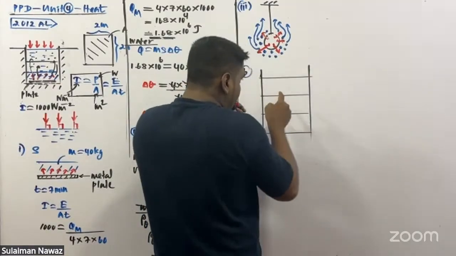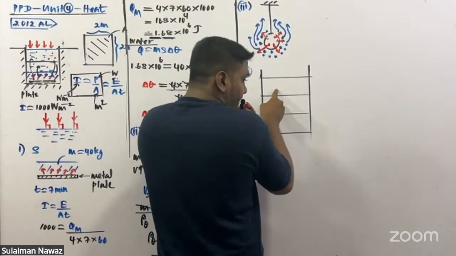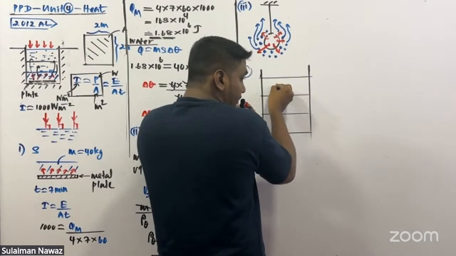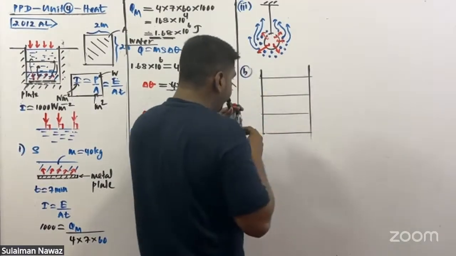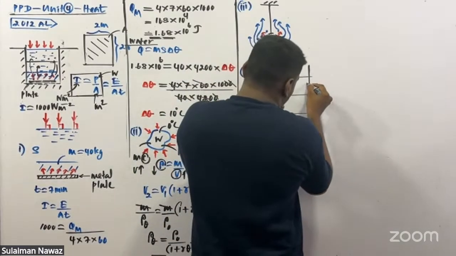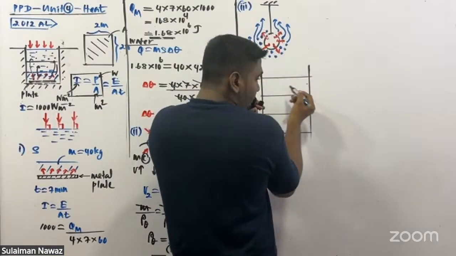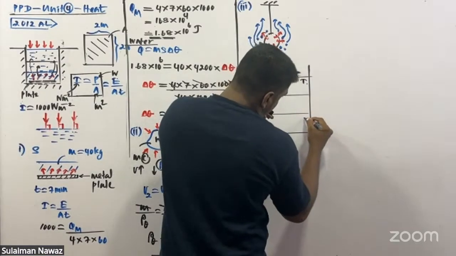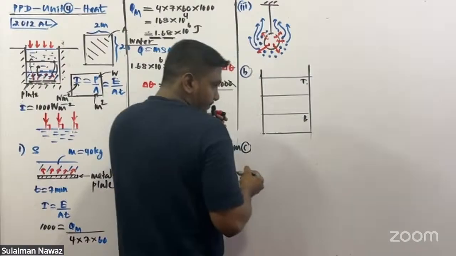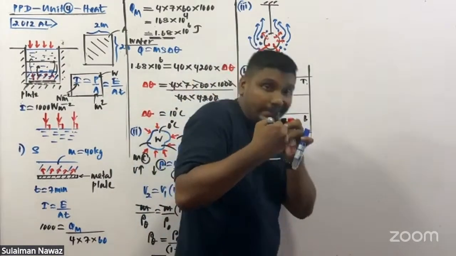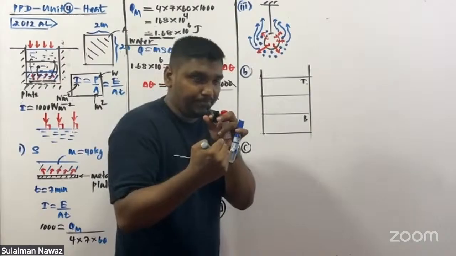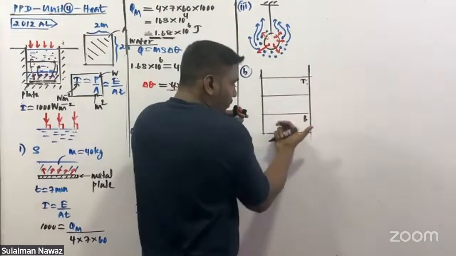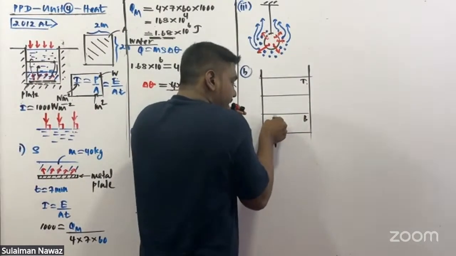Now they mentioned the topmost layer has the lowest density. The topmost layer is full of pure water. The bottom layer, because of the salt concentration, has a large density. Normally, the layer at the bottom has larger density.